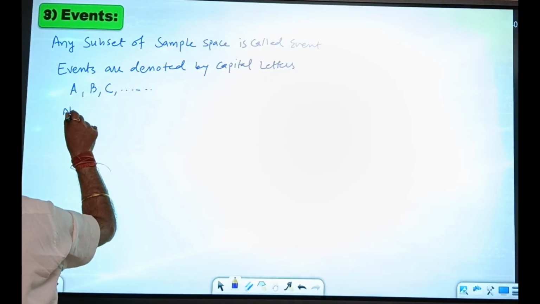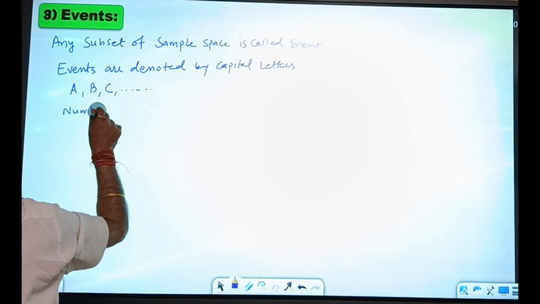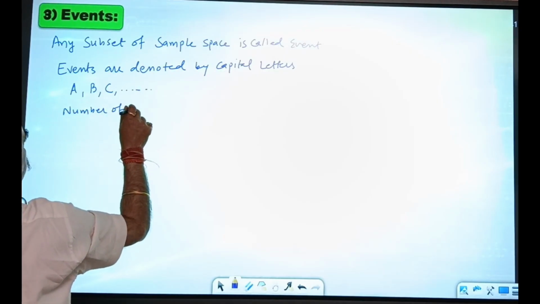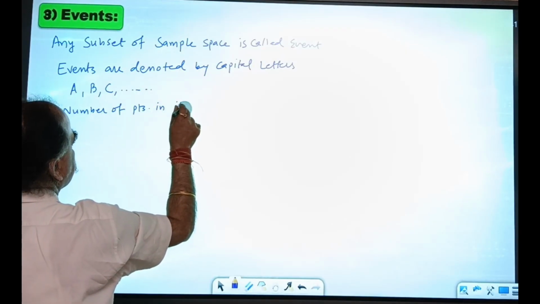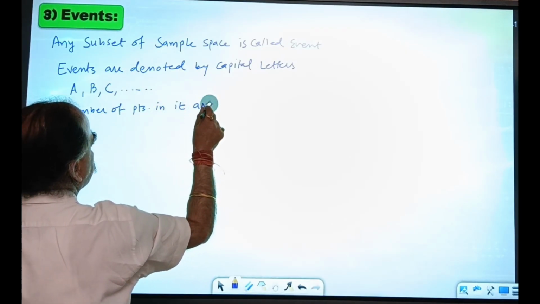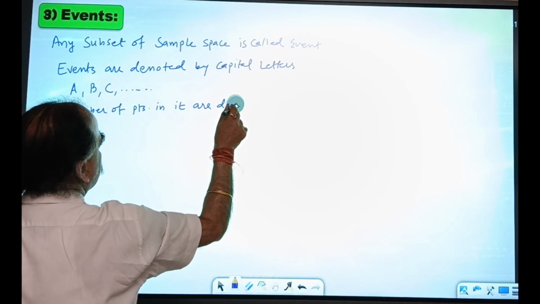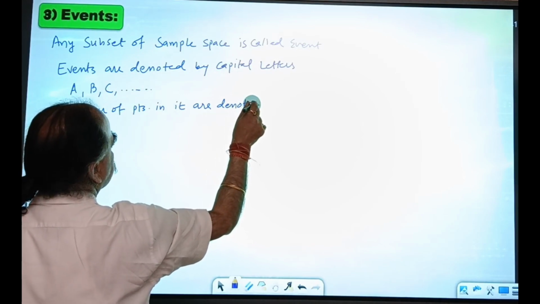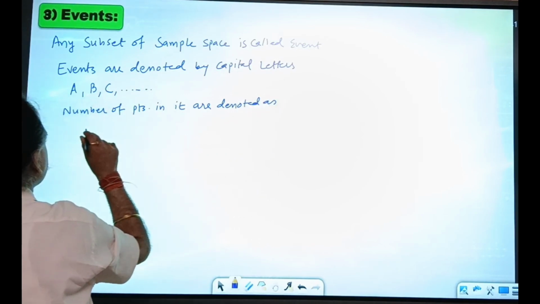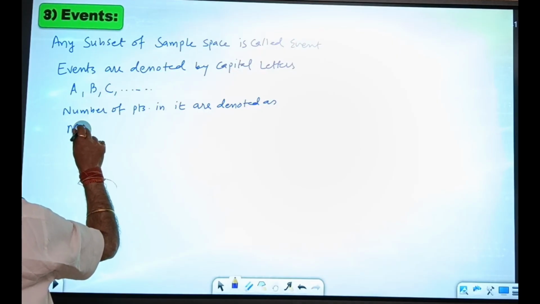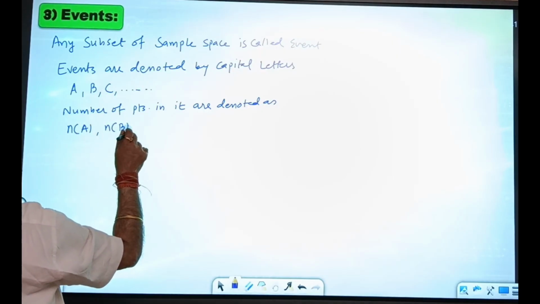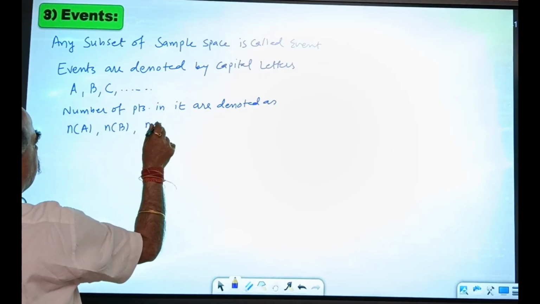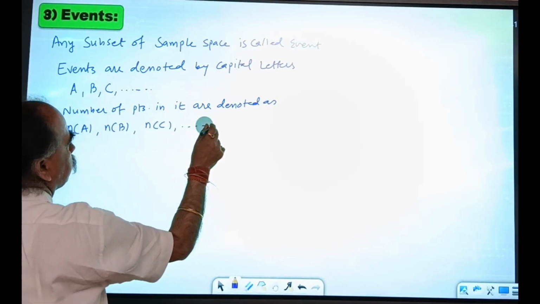The number of points are denoted as n(A), n(B), n(C), and so on.